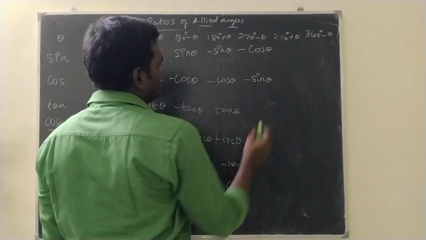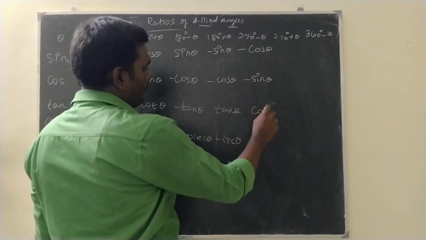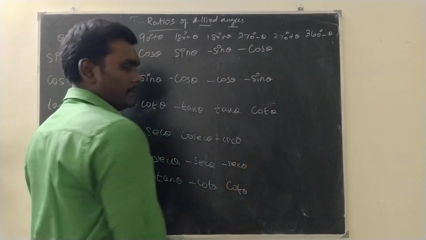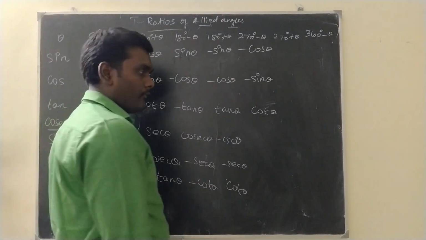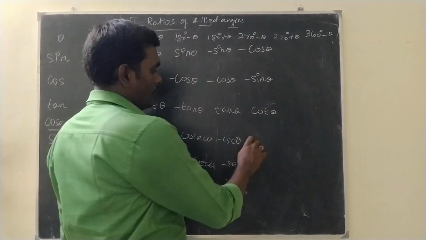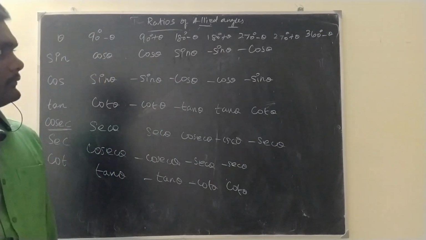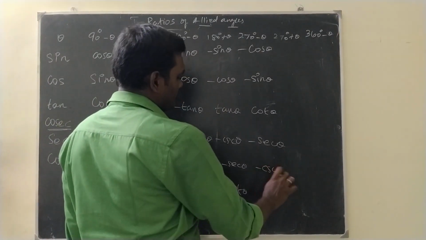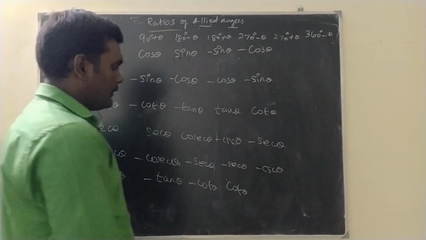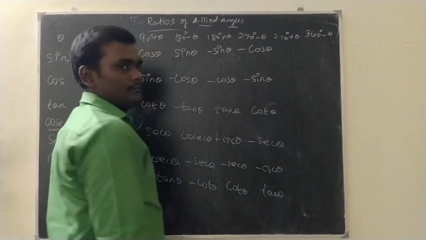Minus sin theta, plus cot theta. Super. Next, minus sec theta. Clever. Next, minus cosec theta. Next, plus tan theta. Super, man. Can you fill this row as well?